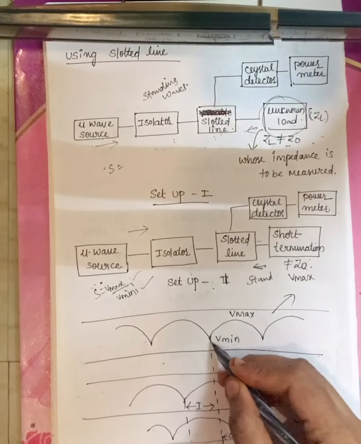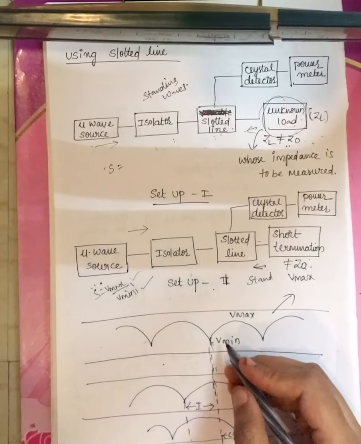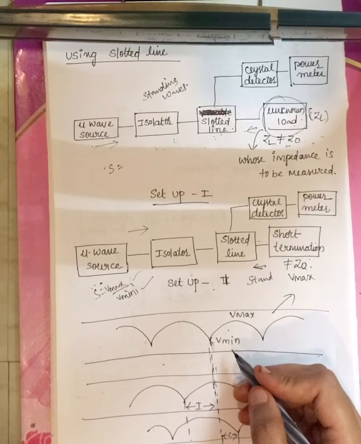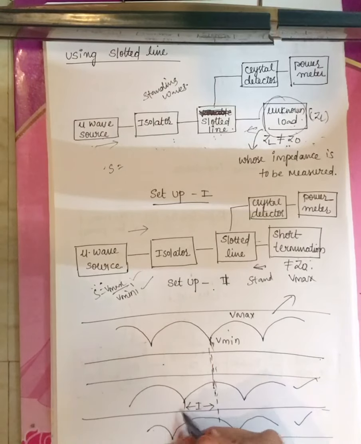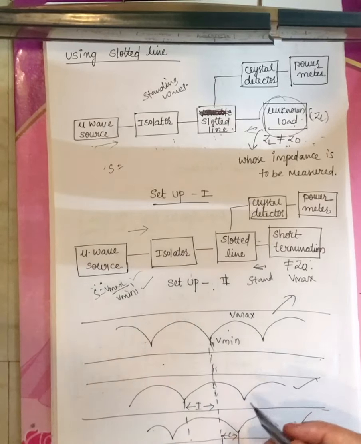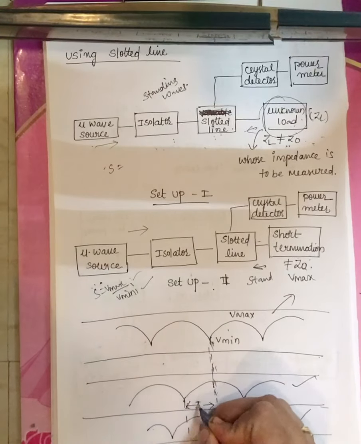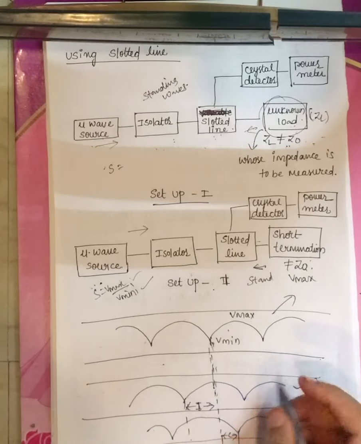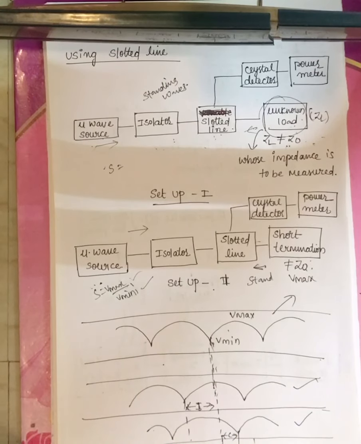If this particular value is shifted to the left, then the impedance is inductive. If it is shifted to the right, then the impedance is capacitive. And the unknown impedance can be obtained by using the recorded data and the Smith chart.